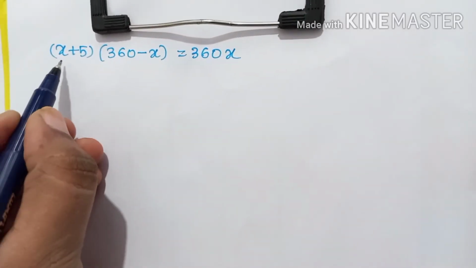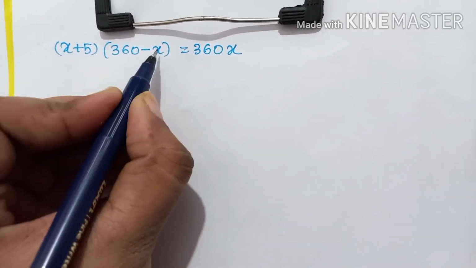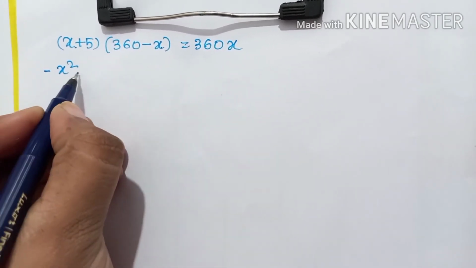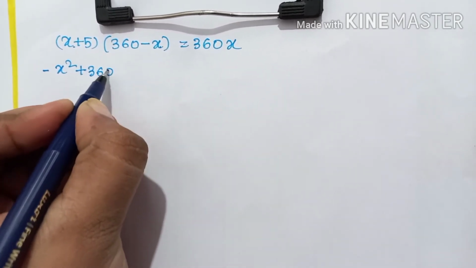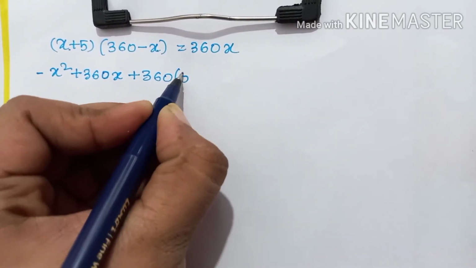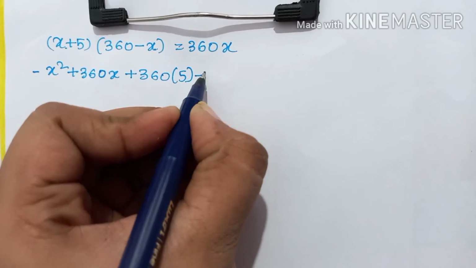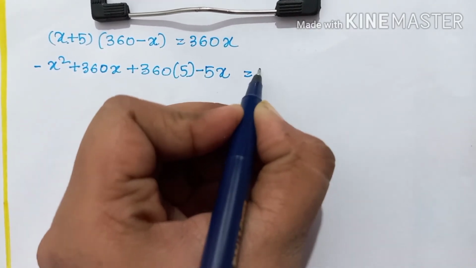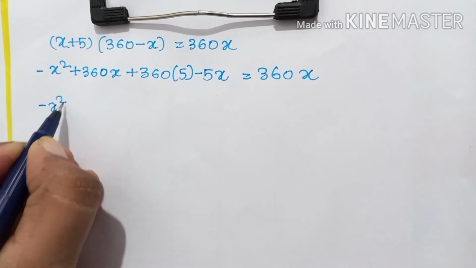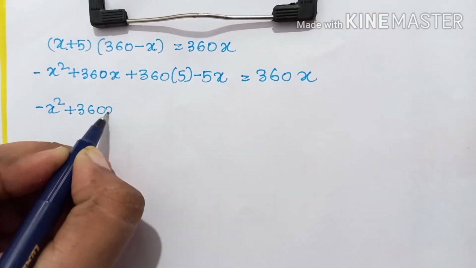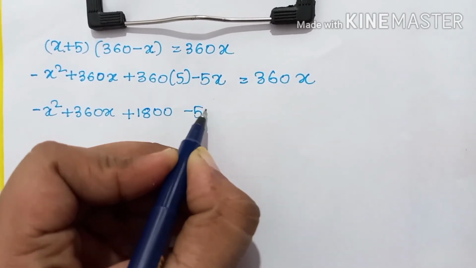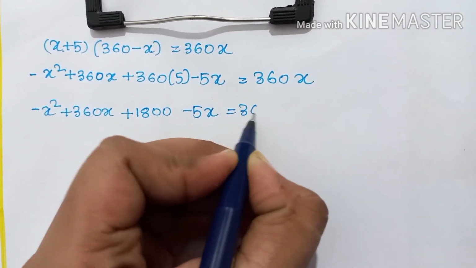Now multiplying these terms, x into minus x is minus x square, x into 360 is plus 360x, and 5 into 360, 5 into minus x is minus 5x, that equals 360x. Minus x square plus 360x, 360 into 5 is 1800, minus 5x is equal to 360x.